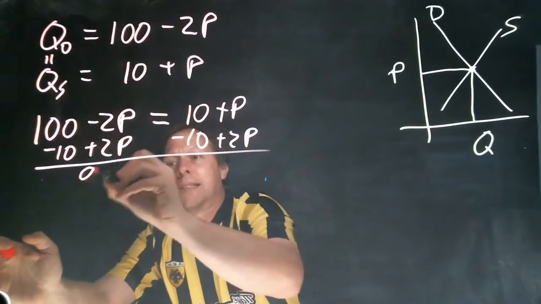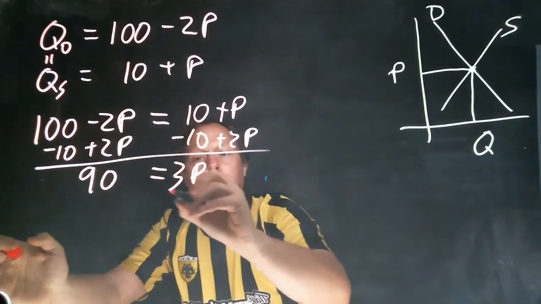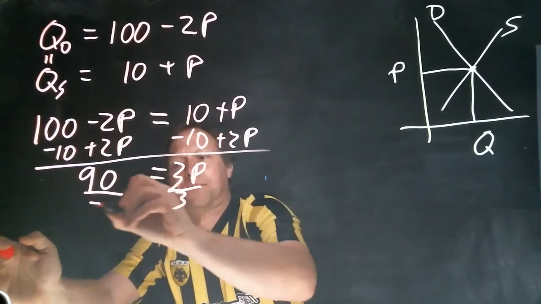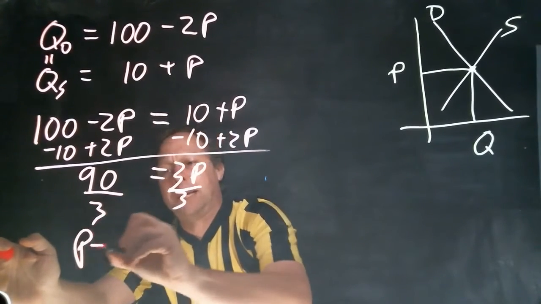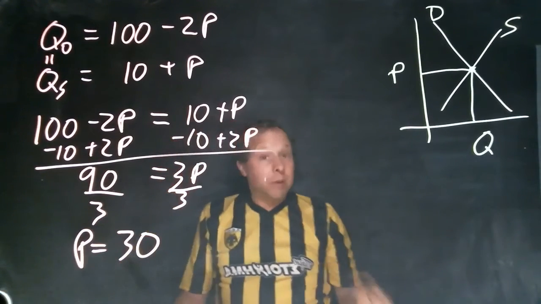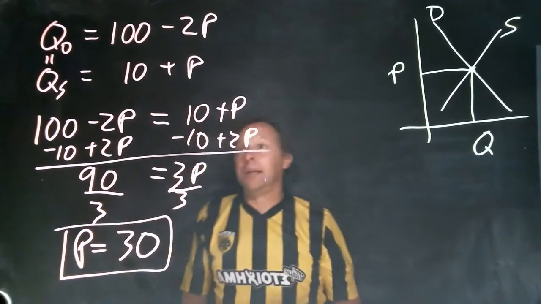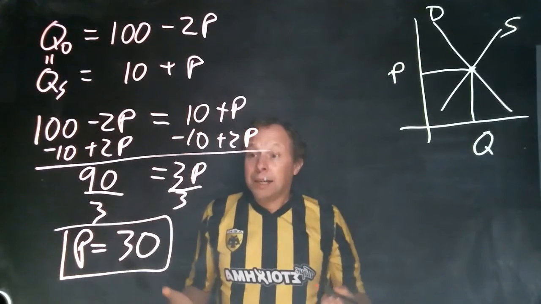That's going to give us 90 equals 3p. We're going to divide both sides by 3, which gives us p equals 30. So now we know the equilibrium price in these two curves is going to be 30.